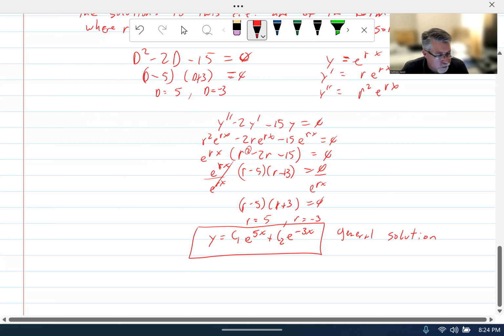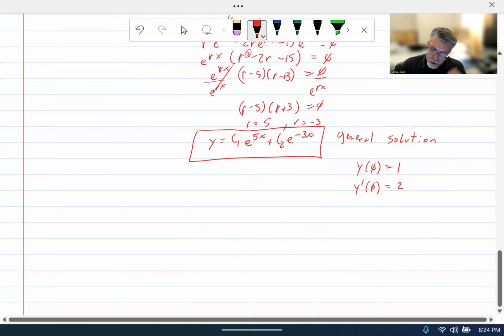Now, if I was given initial conditions, I could easily find what c1 and c2 are. In this case, I was given a second derivative, so I would need two conditions. For example, if we said y of 0 is equal to 1 and y prime of 0 is equal to 2, could we find a particular solution here? Yes, we could.